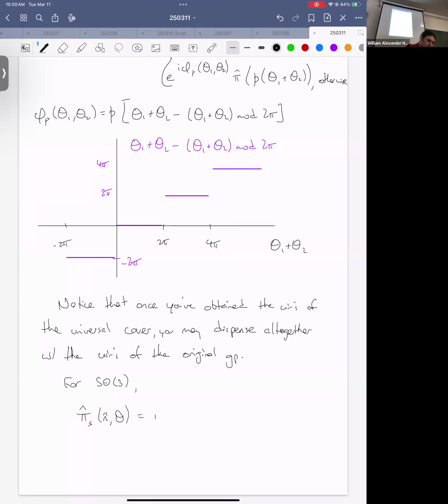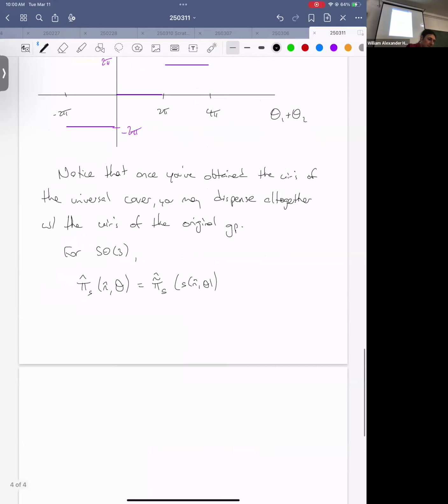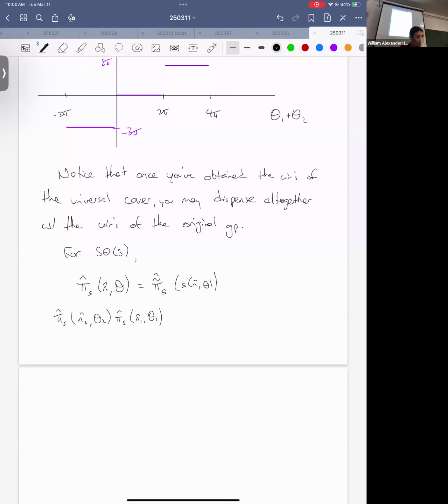This ends up being the pi twiddle hat s of, again, the section of n hat theta. And so if you ask the question, what is one rotation followed by another rotation in SO3, you go up to your universal cover representation.